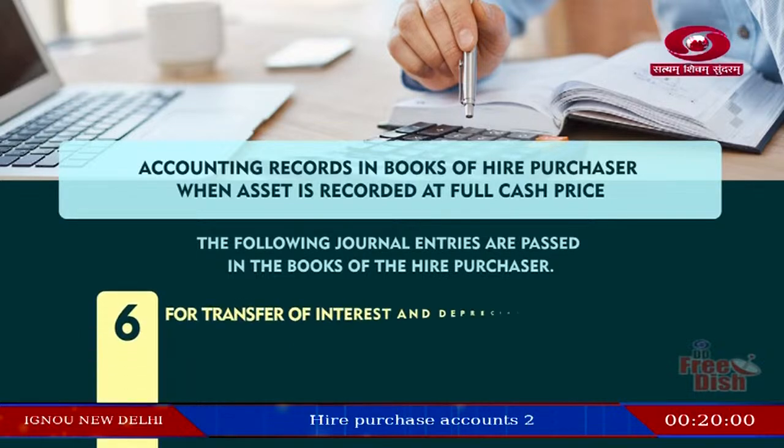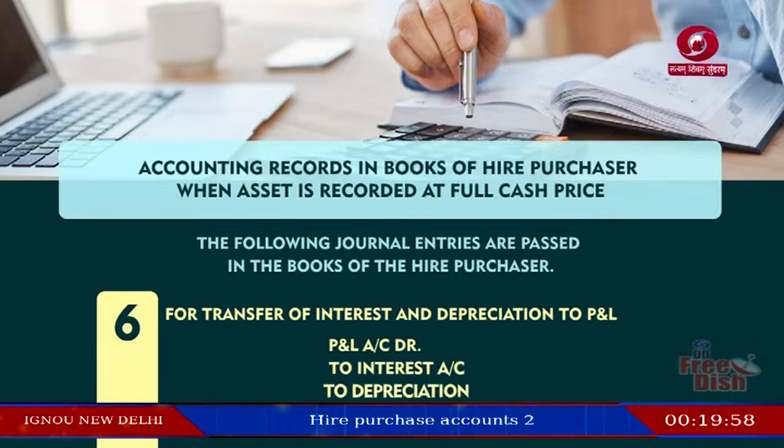Then for transfer of interest and depreciation to profit and loss, because interest and depreciation are both a loss or expenditure for the hire purchaser, any balance of expenses and losses must be transferred to the profit and loss account as per the rationale of accounting. So the journal entry is very simple: profit and loss account debit to interest and depreciation.